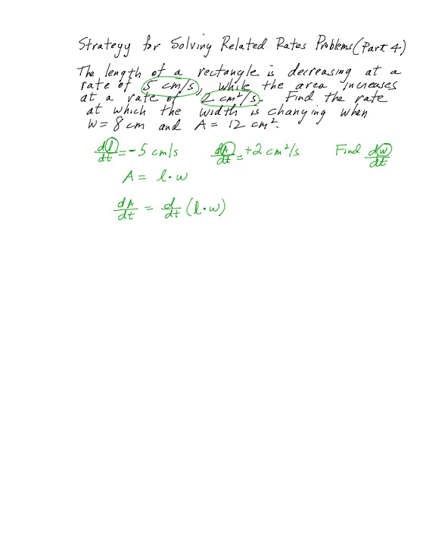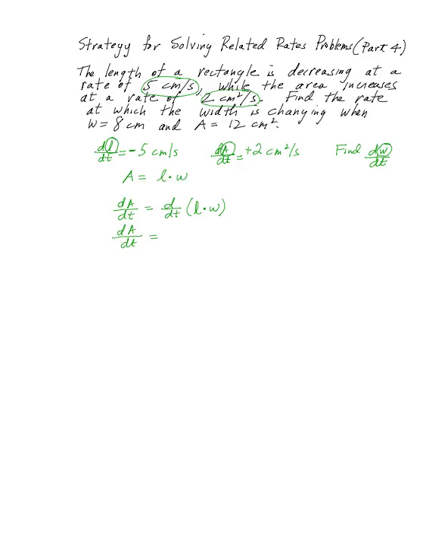I'm going to take an implicit differentiation mindset and just differentiate both sides of my equation with respect to time. In fact, that's what I always do in a related rates problem. It just saves some messy algebra. My L and my W are changing over time.